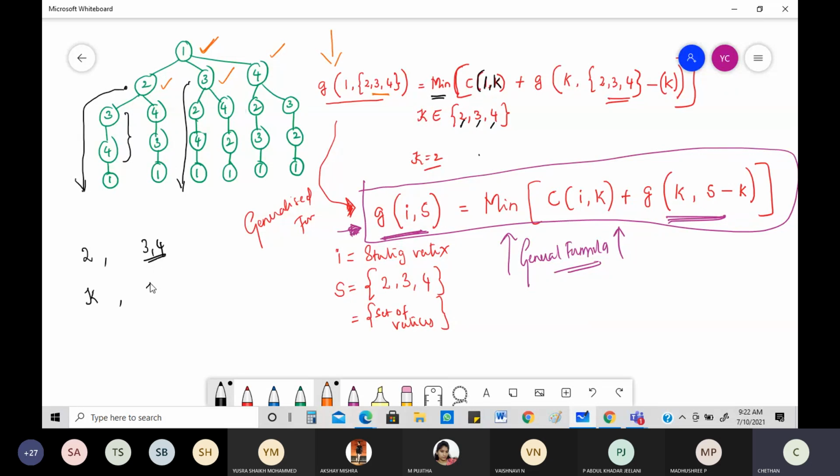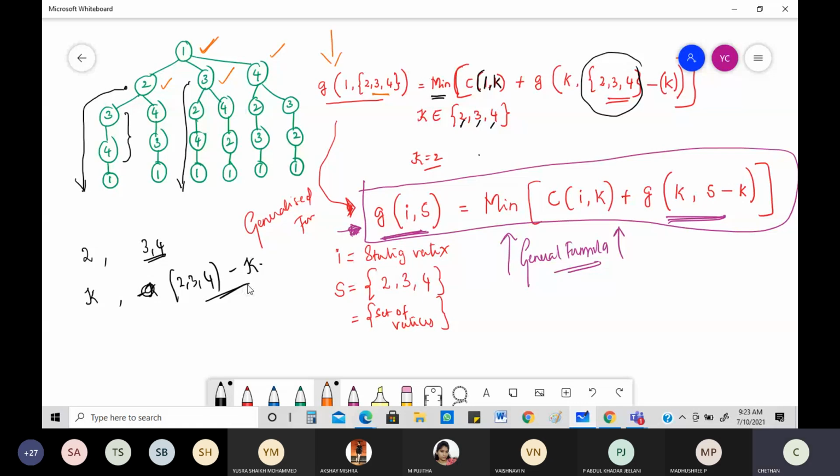This will be nothing but the entire set minus k. The entire set, this 2, 3, 4. If you are choosing 2 here, what is going to happen? You will have 2, 3, 4 minus k, to get 3, 4. So the entire set minus k.